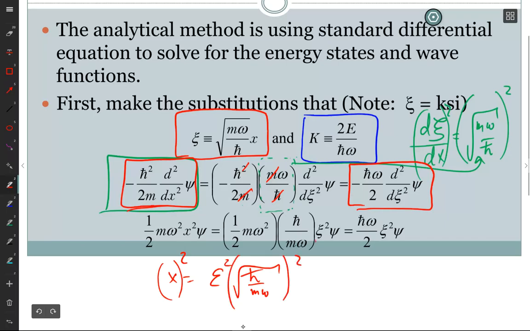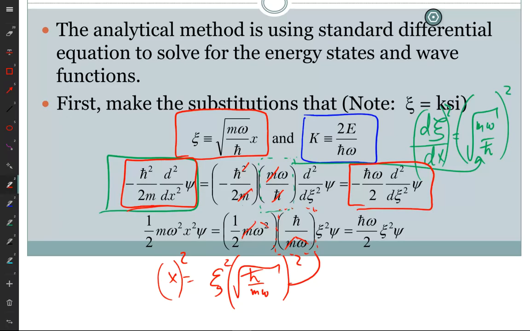So there you have it. When you square the square root, it's just h bar over m omega. So that's where this term here comes from. And then again, an m will cancel, one of the omegas will cancel, and you have h bar omega over 2 again.